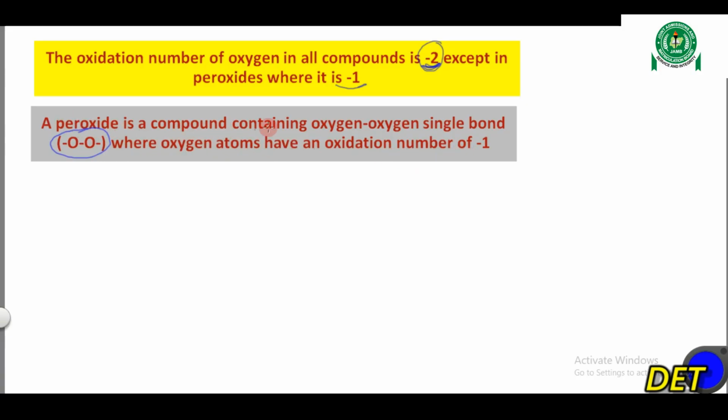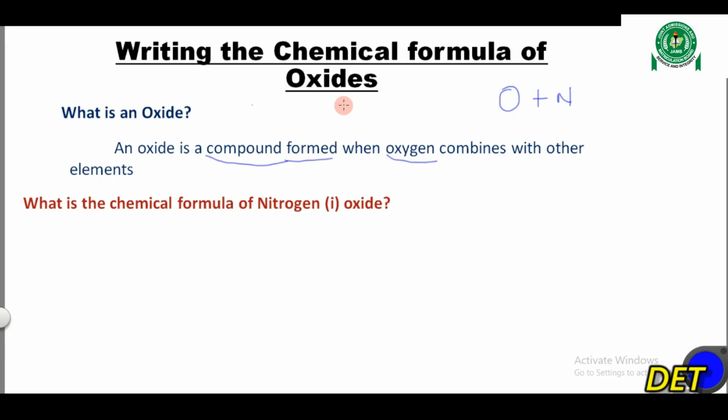A peroxide is a compound containing an oxygen to oxygen single bond, where the oxygen atoms have an oxidation number of -1. In all other compounds, the oxidation number of oxygen is -2. We're going to look at the difference between oxides and peroxides in another video, but here, let's focus on how to write the chemical formula of oxides, right?